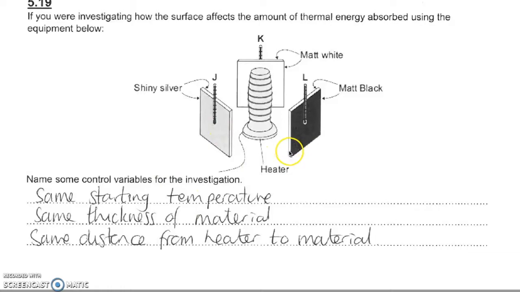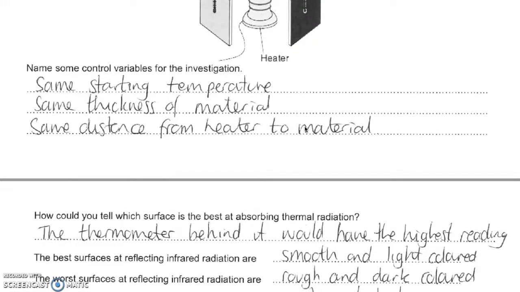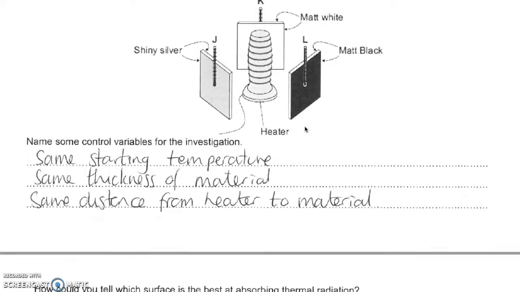Same thickness for the materials, as well as the same distance from the heater to the materials. Also, the same type of thermometers would be a good idea as well. And obviously the one which is best at absorbing thermal radiation will be the one that reaches the highest temperature after a certain amount of time.